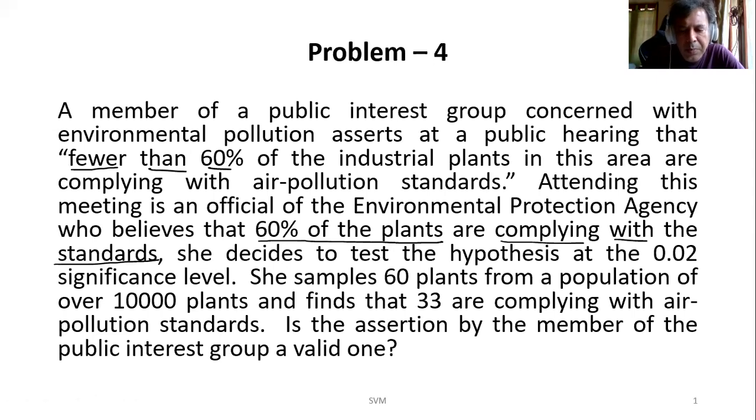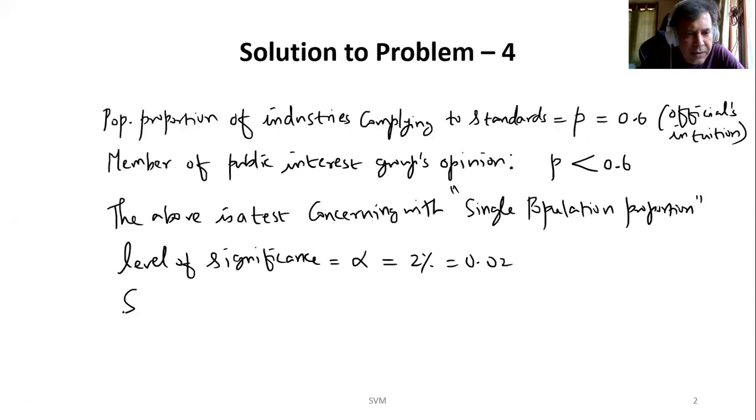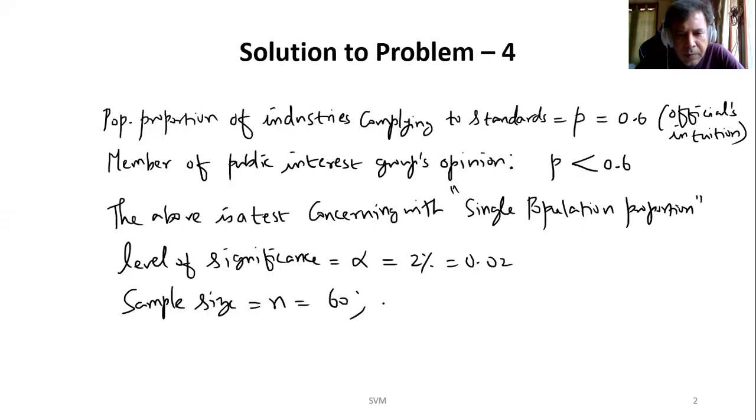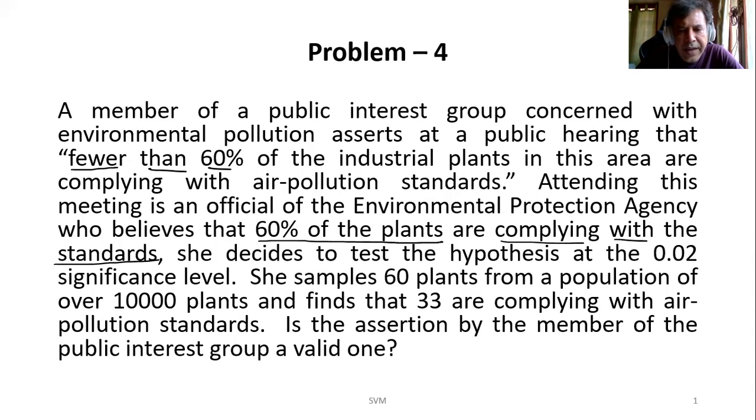She samples 60 plants. So sample size, denoted by small n, is 60, from a population of over 10,000 plants. So population size, which is capital N, is over 10,000. And finds that 33 are complying with the standards.